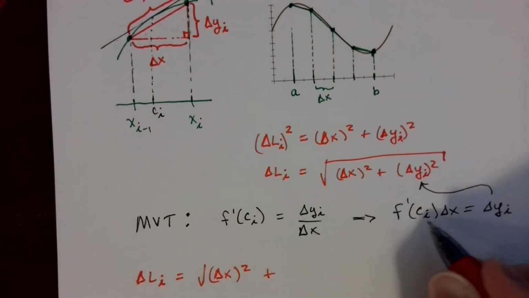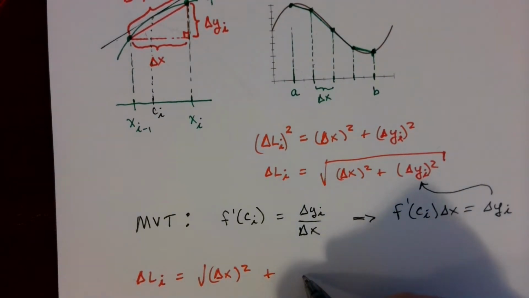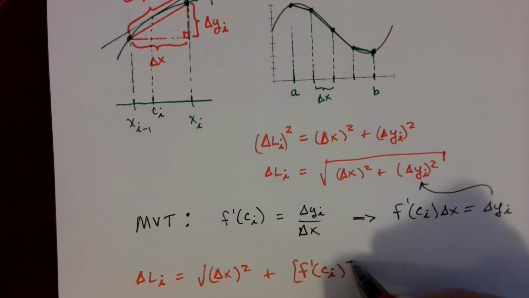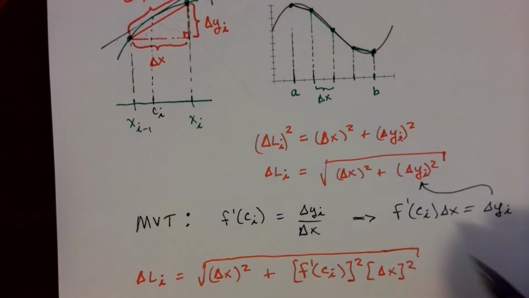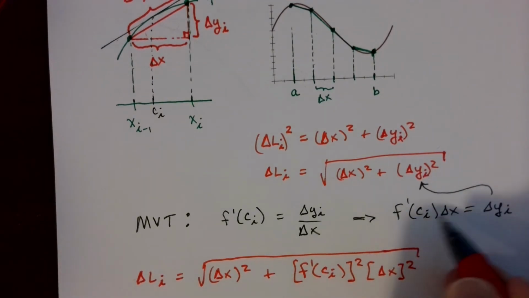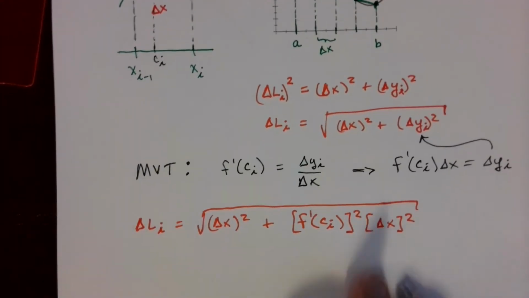And if I square this, I'm going to get f prime of c sub i squared times delta x squared. So just plug that in, square both these quantities, and we get this.